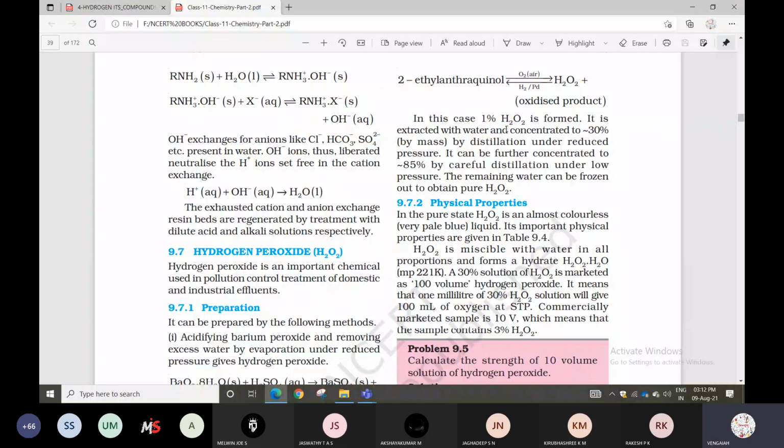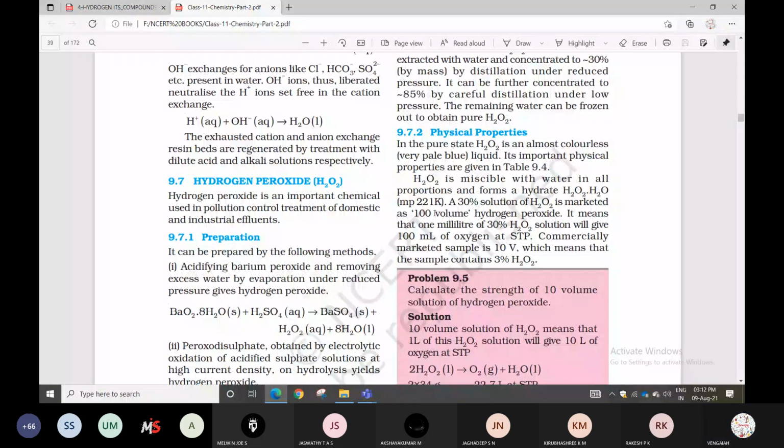A 30% solution of H2O2 is marketed as 100 volume. You can see hydrogen peroxide bottles, with the given quantity like 30% volume.